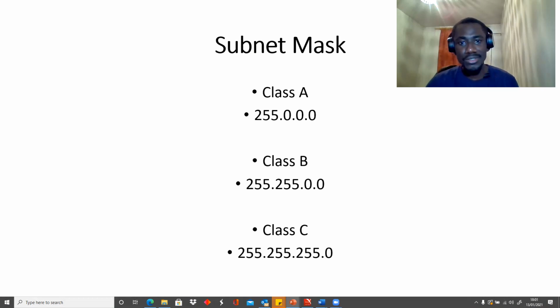If you look clearly at the various classes and their respective subnet masks, we can see there's a pattern building up. For class A, we had only one 255, class B had two of the 255s, and class C had three of the 255s. So these are the various types of subnet masks we have for various classes, and that's what we're going to follow on from.